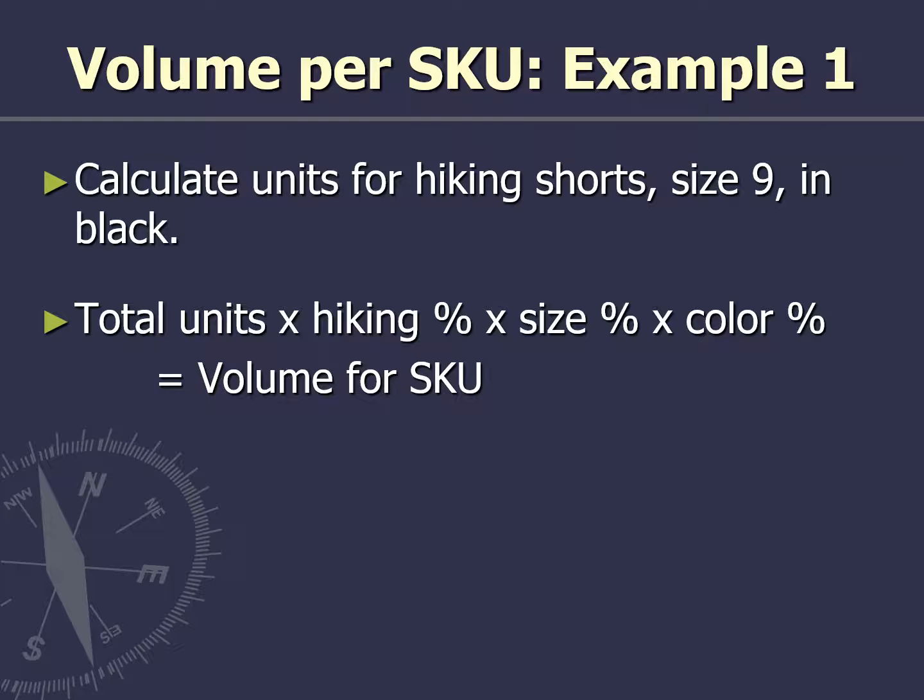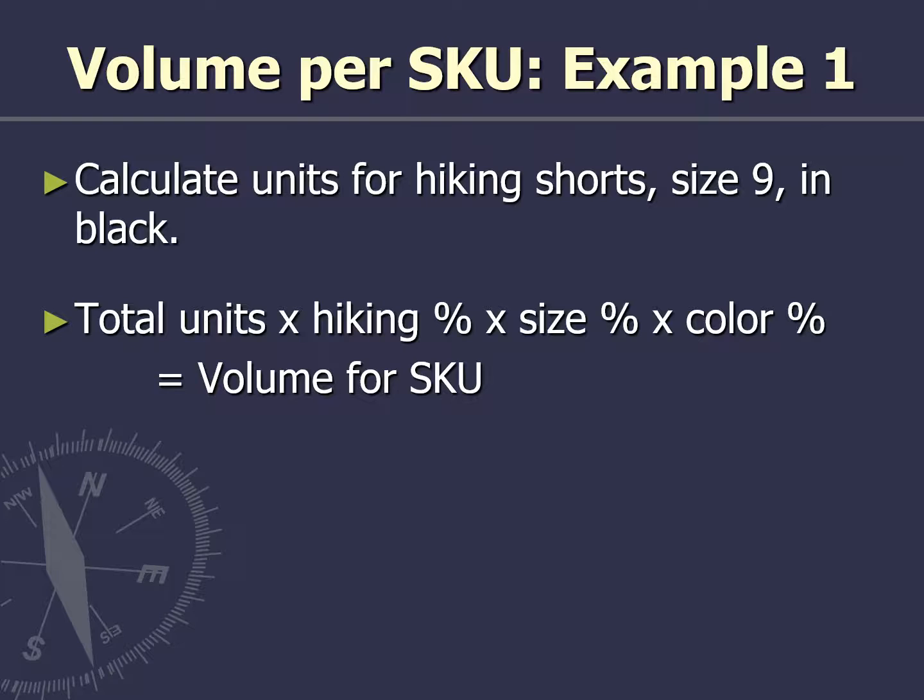Now that we have the assortment distribution plan for the style, color, size assortment factors of the shorts item class, what if we wanted to calculate the number of units, the volume, for the specific SKU, which is the hiking shorts size 9 in color black?